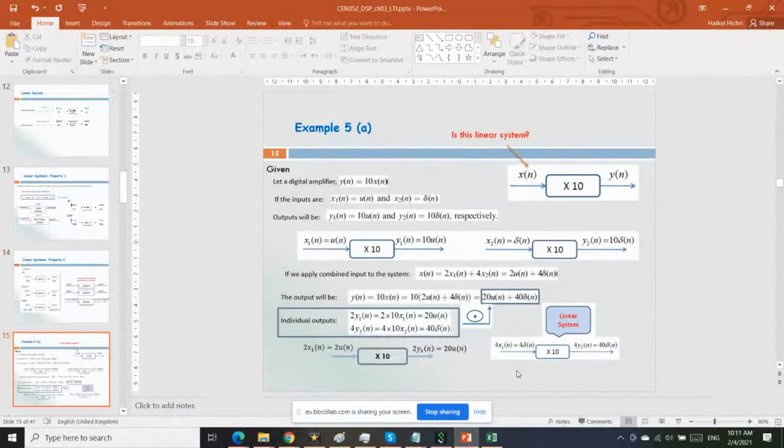And we were looking at this example. We are given this system, y[n] equals 10 x[n], which is an amplifier, and we must prove whether it is linear or non-linear.